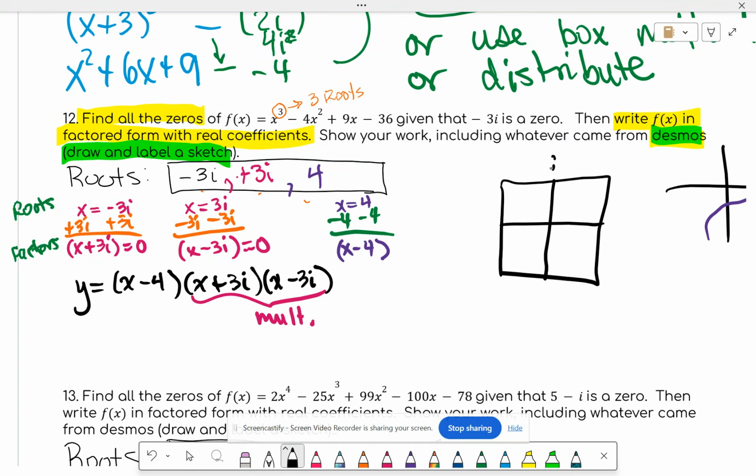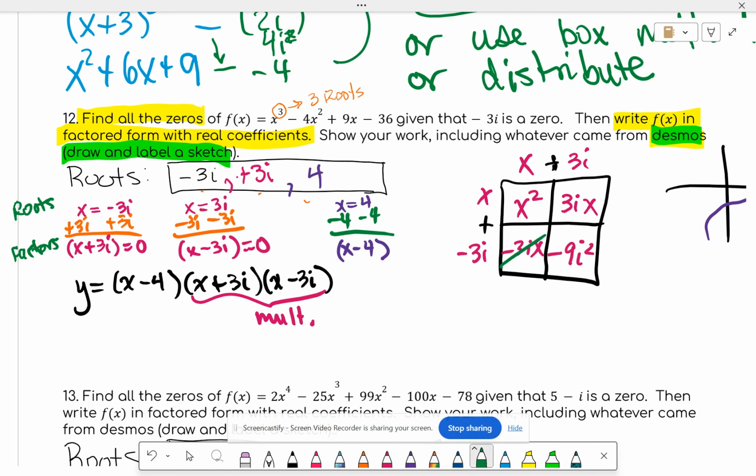They will make factors that multiply to give me only real coefficients. So x plus 3i and x minus 3i. And of course, you can use the shortcut that I showed you in the problem above as well, for what you know about a difference of two squares, which is really what this is.